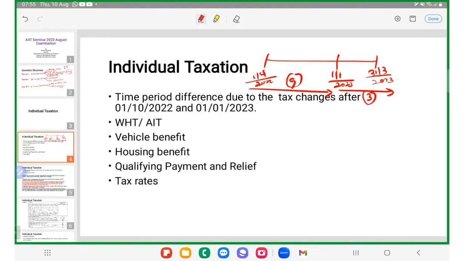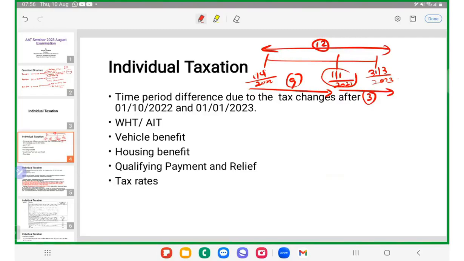Regarding that, no need to do that. You can consider this as 12 months, but you need to consider that the tax changes after 1st January 2023 are effective from 1st April 2022.